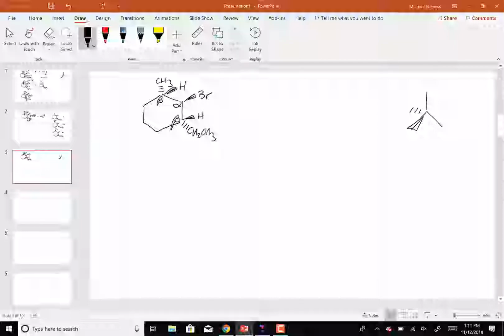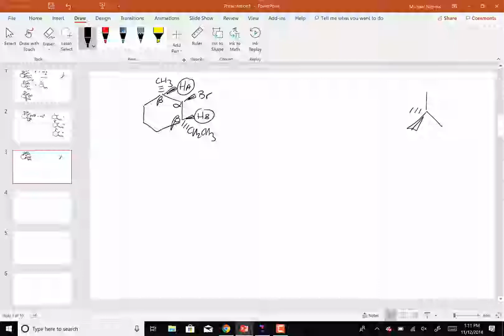We'll call this one HA and this one HB, because they would lead to products A and B. They have to go on bold wedges. But it's not trans, or it's not anti. Is everybody with me so far?